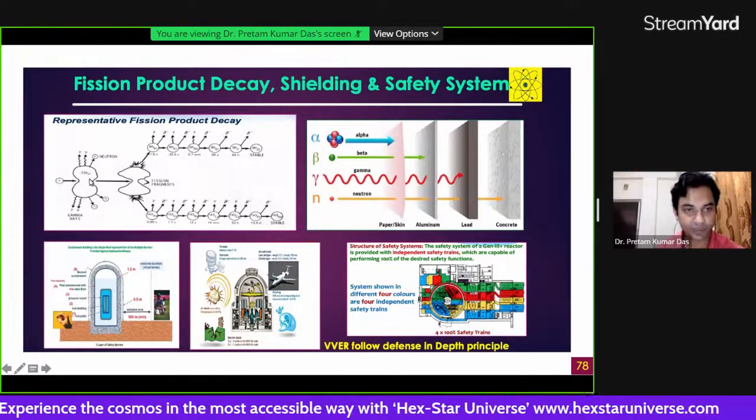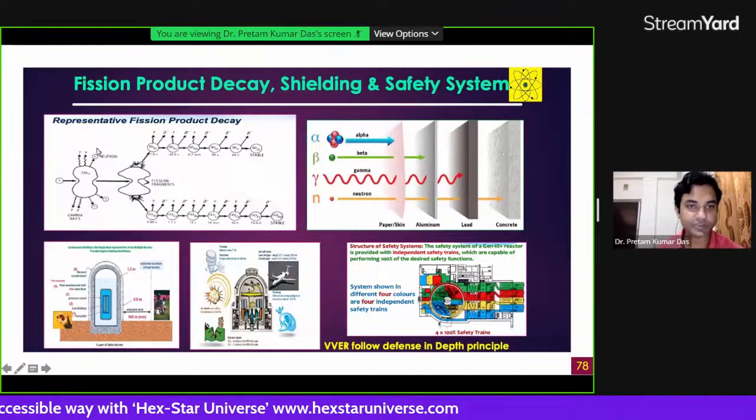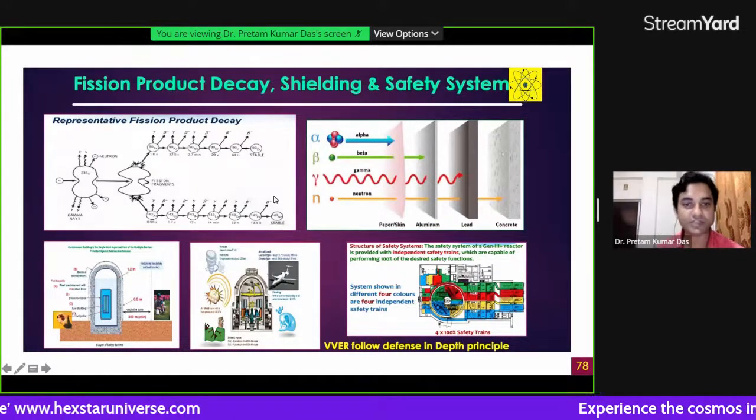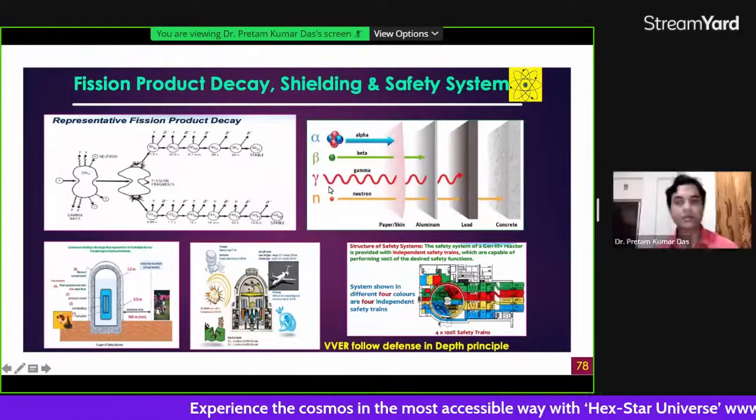Neutron interacts with uranium-235, and if we see all the possible reactions, we can get these types of radiation: alpha, beta, and gamma.